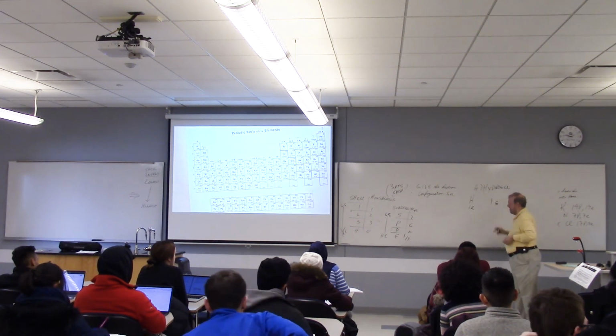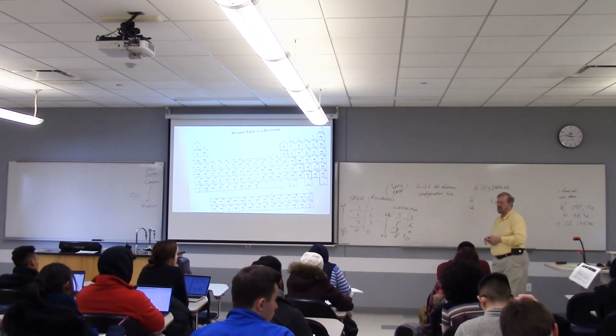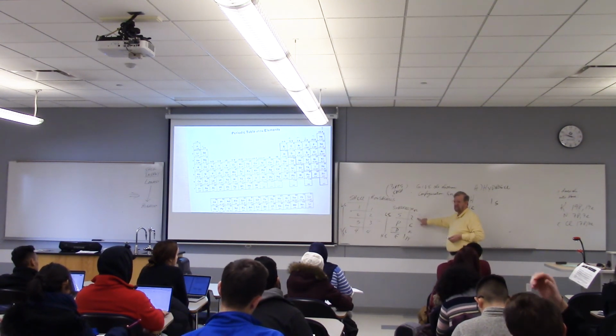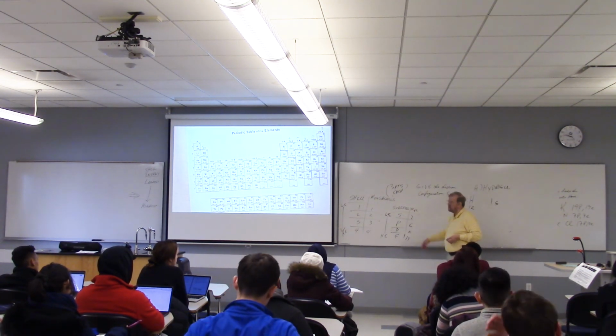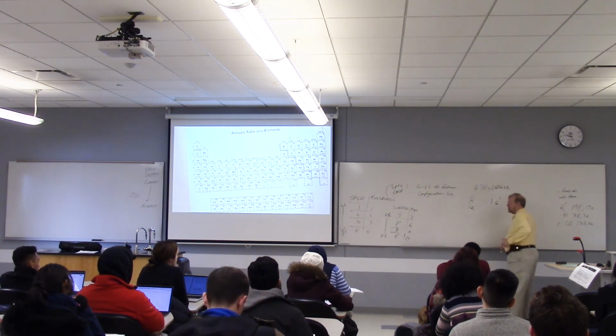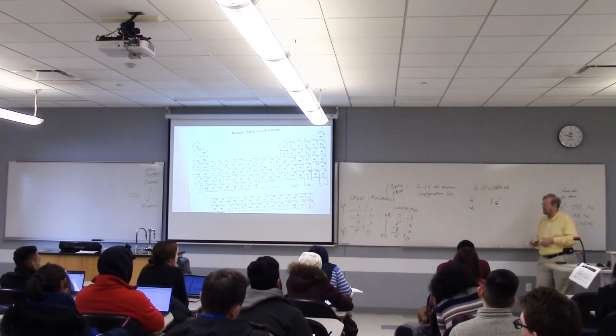Now, how many electrons can we put maximum in 1s or 2s or 3s or 4s? 2. How many do I have to put in? 1. And we denote that by a superscript number. And that's how you do electron configuration.